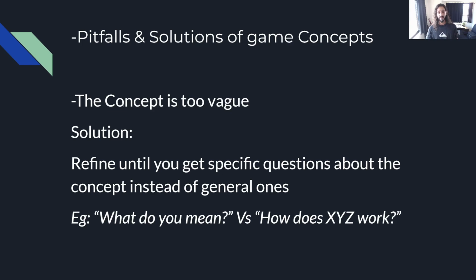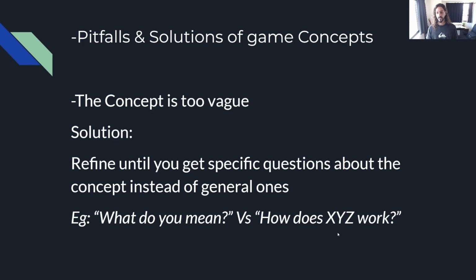So if the concept is too vague, when you explain it or when you introduce it to someone, you will get the what do you mean kind of general question, or like what kind of game, what do you mean by that? That sort of very general question. If you refine that concept, then you will start getting specific questions about the concept instead of general ones.